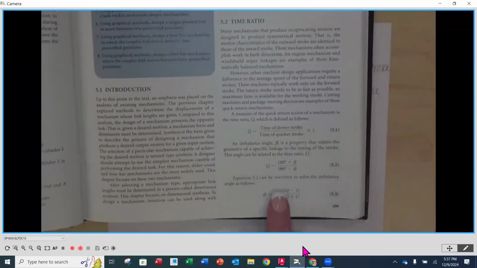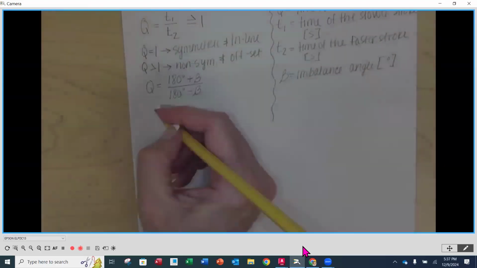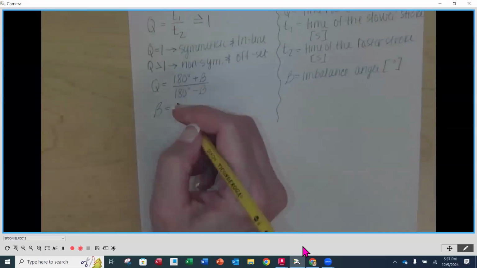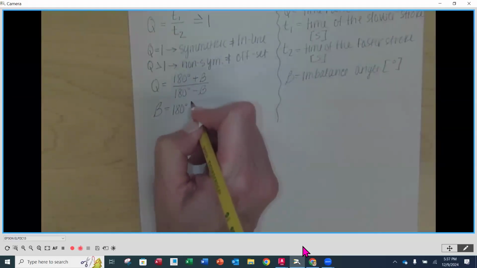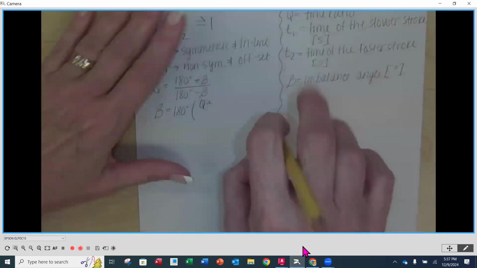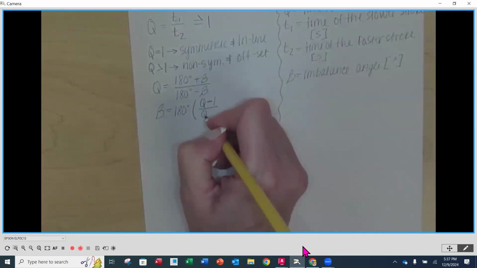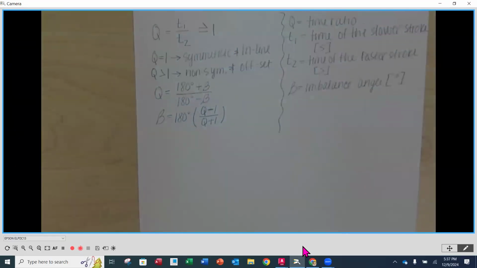By rearranging that equation above, they showed it in another form down here, solving for beta. So I like having that one available as well. So beta is equal to 180 degrees times Q minus 1 on top, divided by Q plus 1 on the bottom.